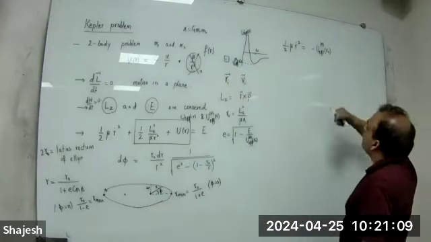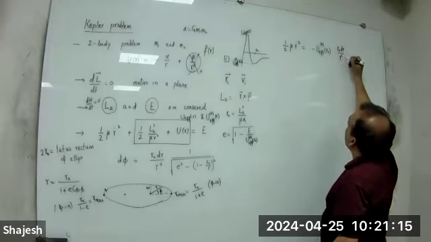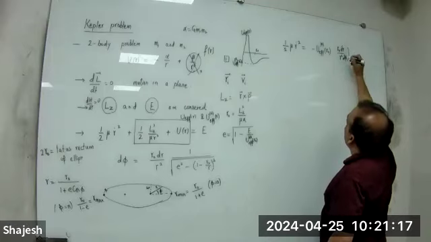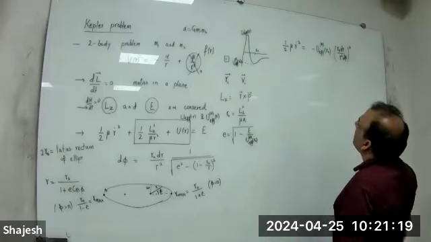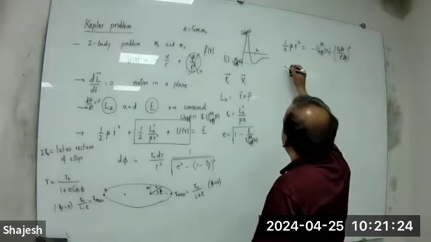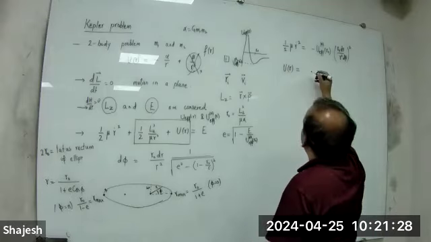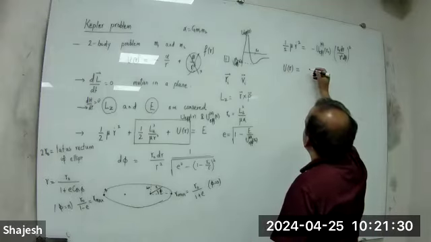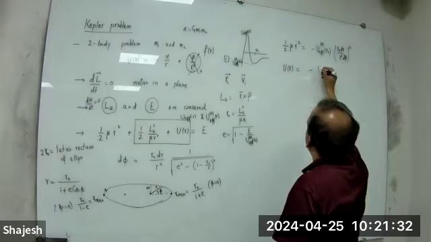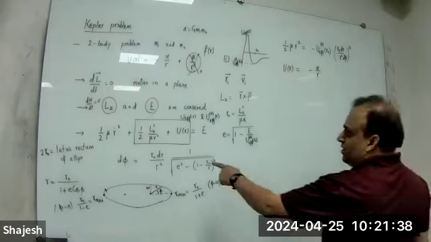So this one we said is R naught over R square d phi whole square. And U of R we said can be written as minus alpha over R. I'm interested in these two together.